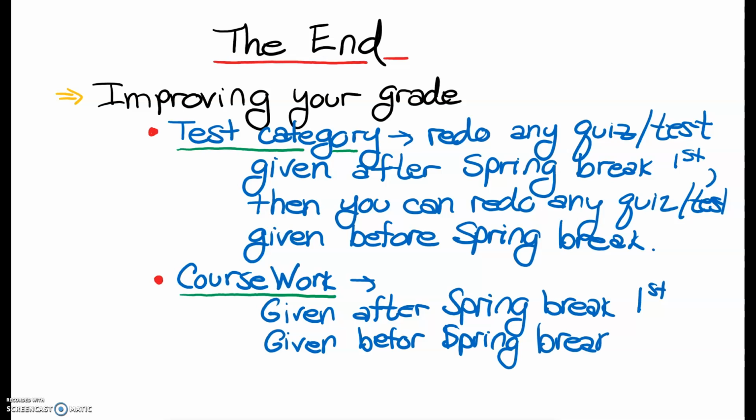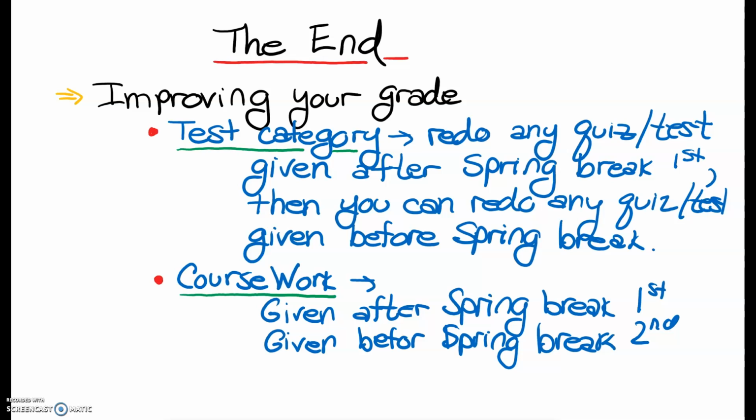So that's how I would approach this. Maybe you did really well in your test category and you don't need improvement there, but you need improvement in your coursework category. You can skip your test category and go straight to your coursework. But again, things have to be improved on assignments and quizzes given after spring break first.